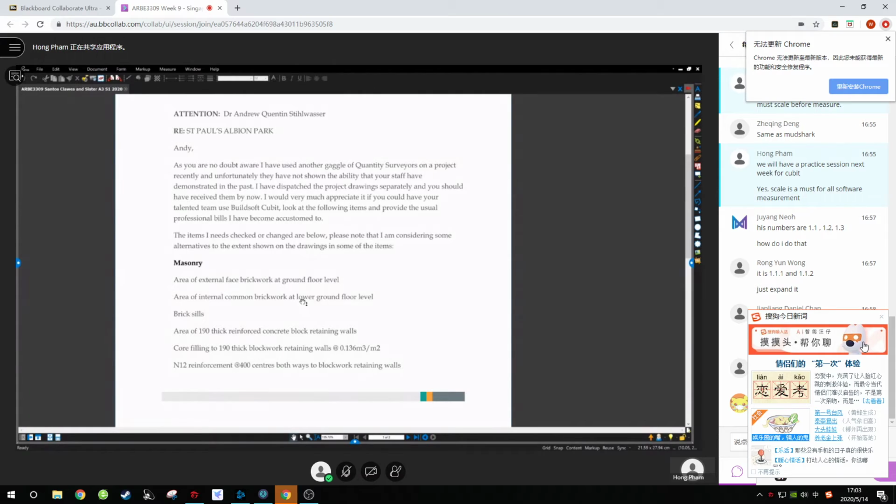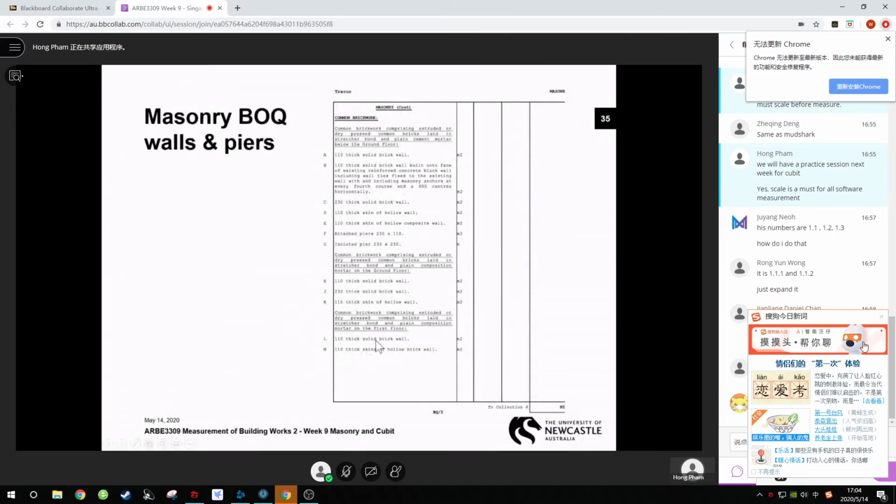Then how about the description? Standard metric common brick, laid in stretcher bond, cement mortar, and so on. You must include that as well. Then after that will be the thickness of the walls. So basically you can adapt by whatever is here. Follow this few-item BOQ.